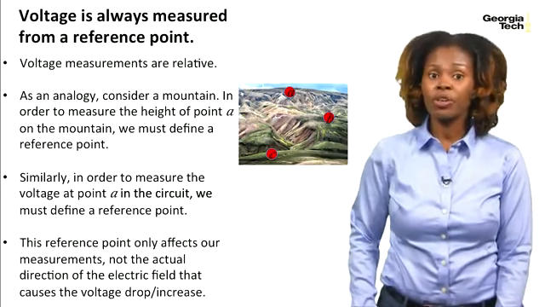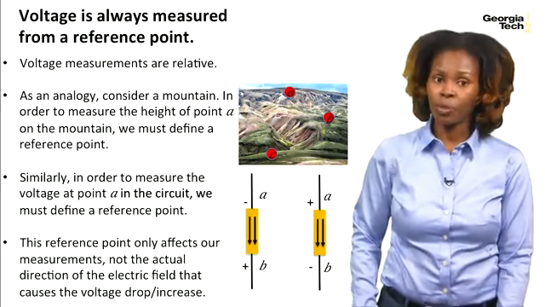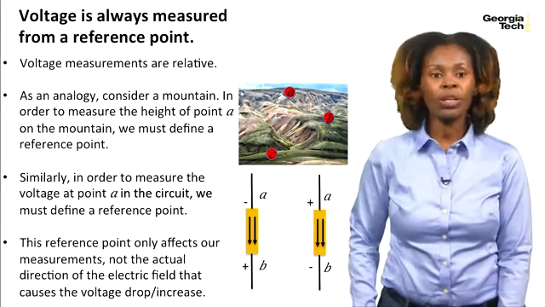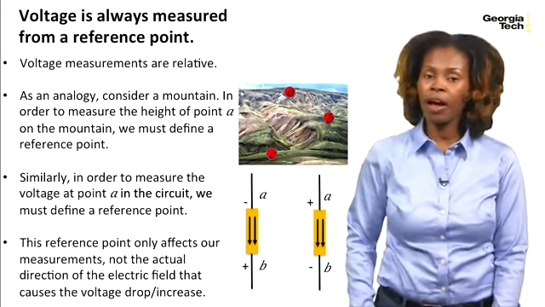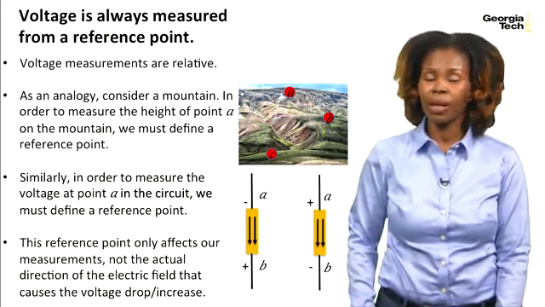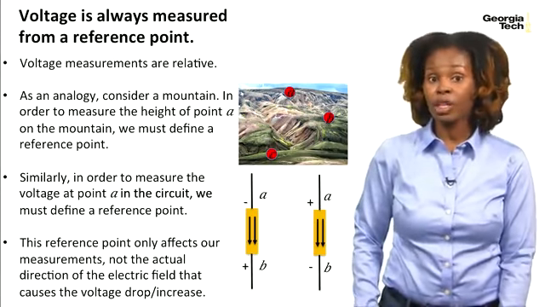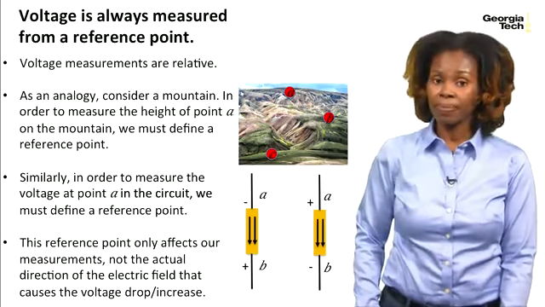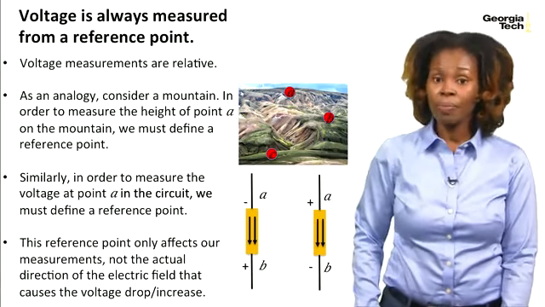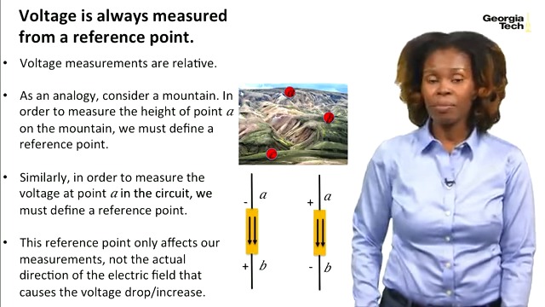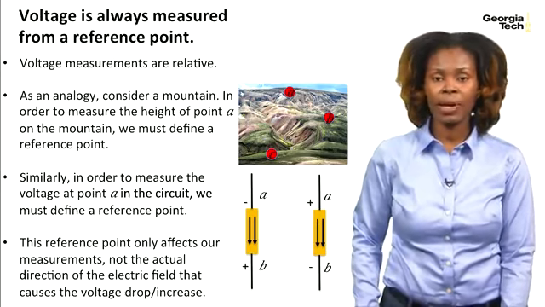In order to measure a voltage at point A in a circuit, we have to define a reference point. And this reference point only affects our measurement, not the actual direction of the electric field that causes the voltage drop or increase. So in this cartoon, you see that the electric field lines are actually pointing from A to B. But we can take a voltage measurement by measuring B as the plus end and A as the minus end, or we could measure A as the plus end and B as the minus end.